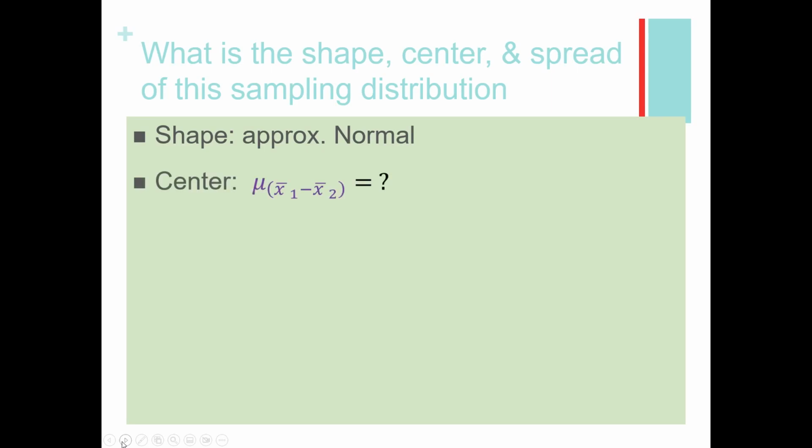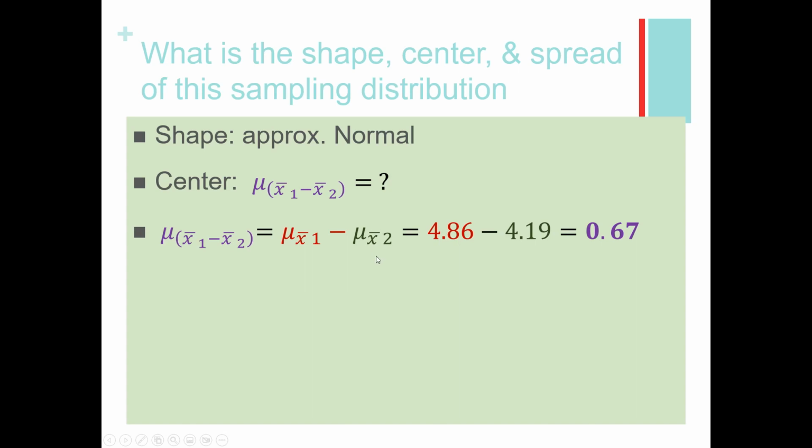The center for the sampling distribution of the difference of sample means is simply going to be the difference of means from those two individual sampling distributions. So the sampling distribution of the sample means for the first population will be centered around 4.86.